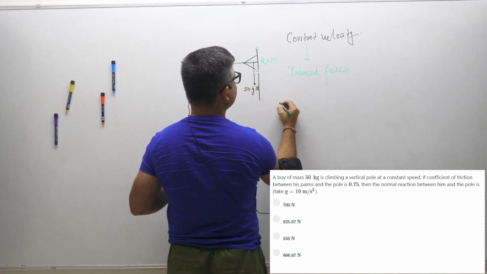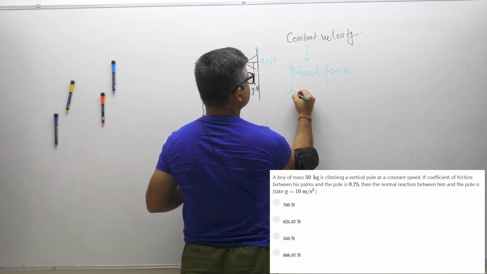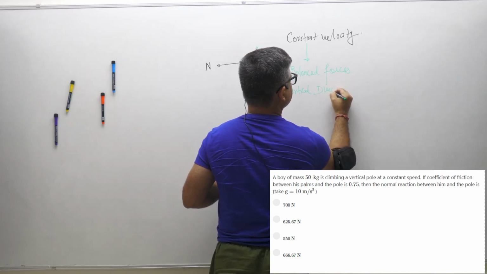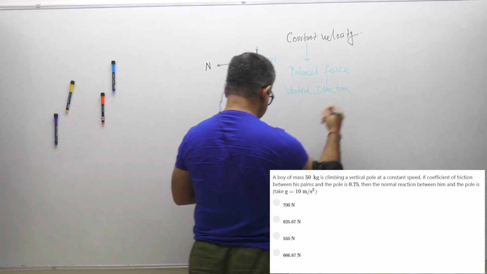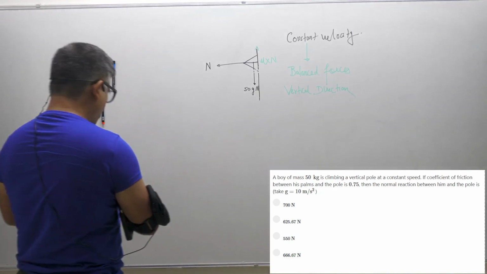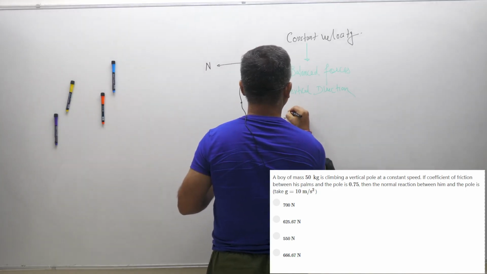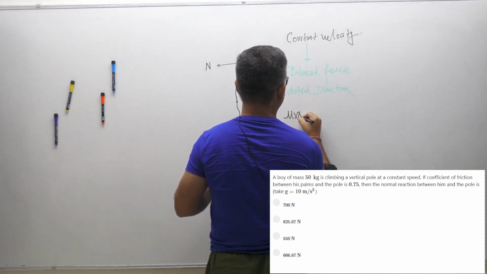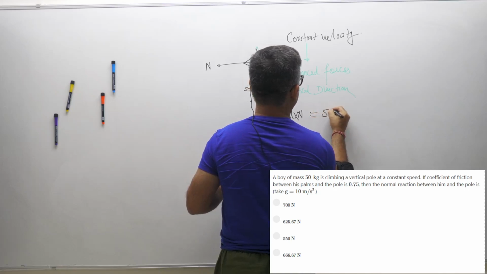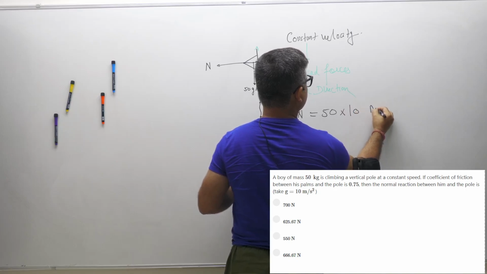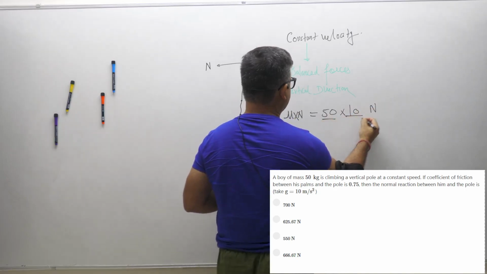Which means in the vertical direction, mu multiplied by N is equal to 50 into 10 newtons. So this is 50 kg into 10.